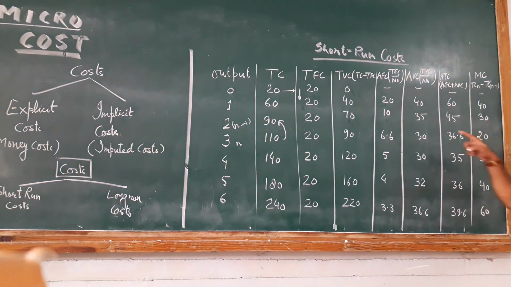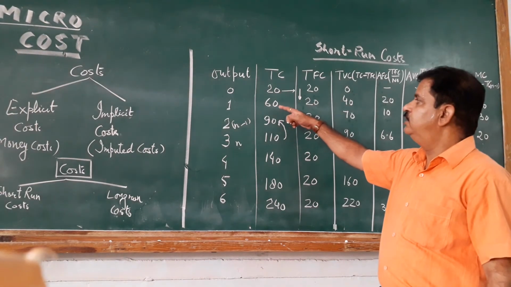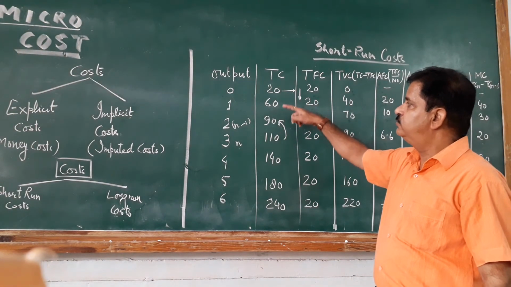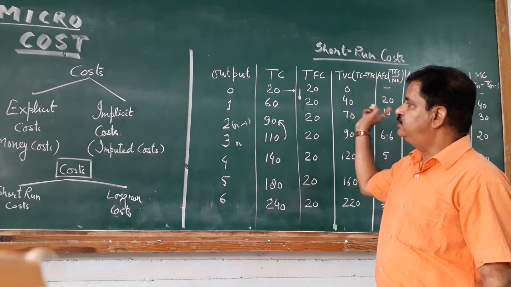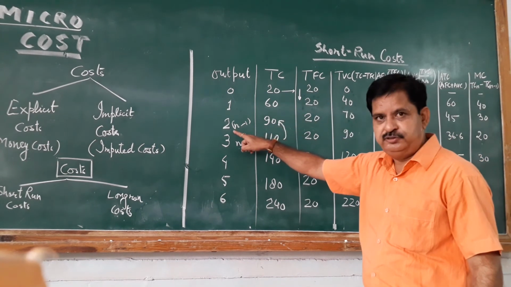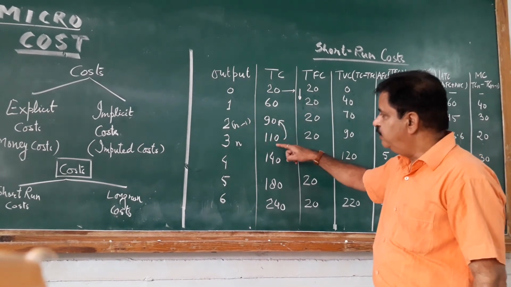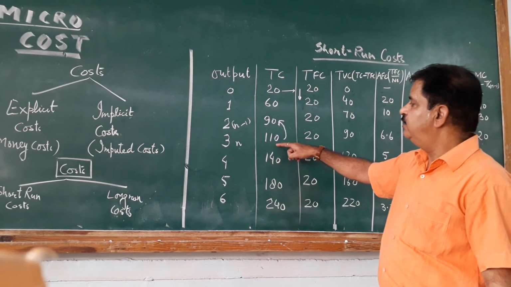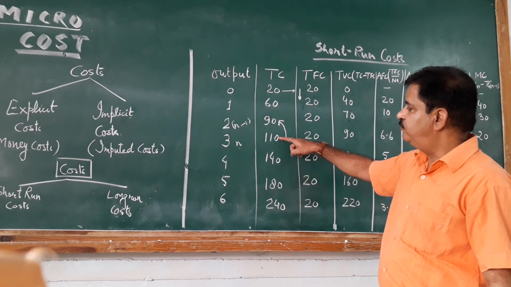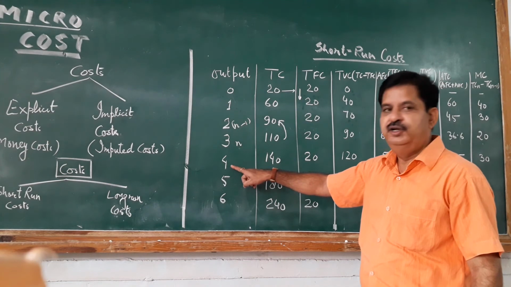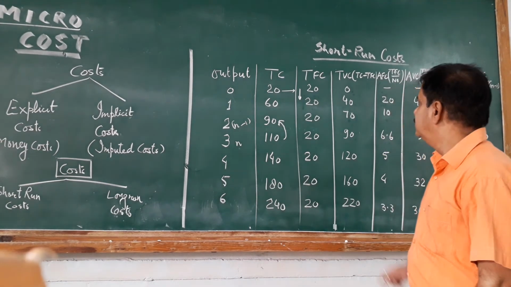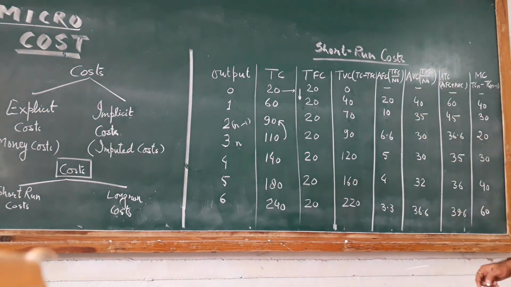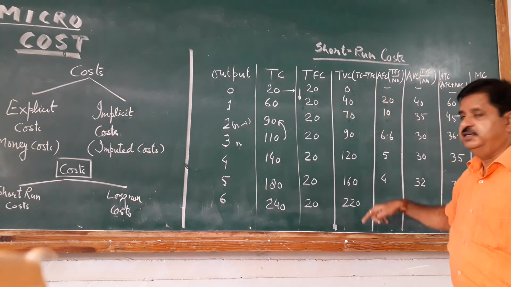In this way, when we subtract 60 from 90, we will get the marginal cost of the second unit. When we subtract 110 from 140, we will get the marginal cost of the fourth unit, like that. It can also be obtained from TVC.